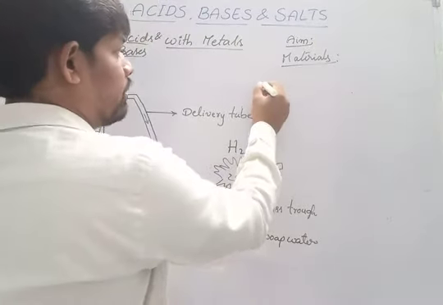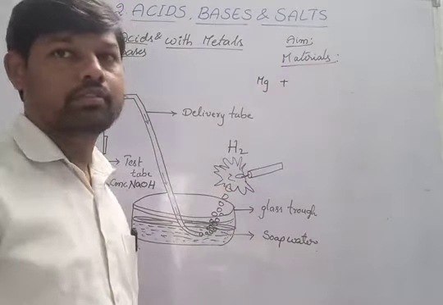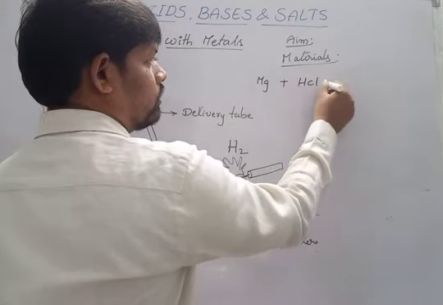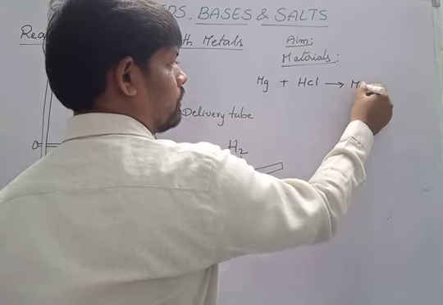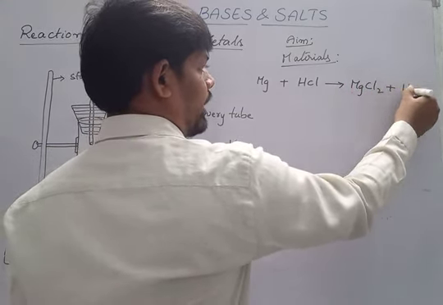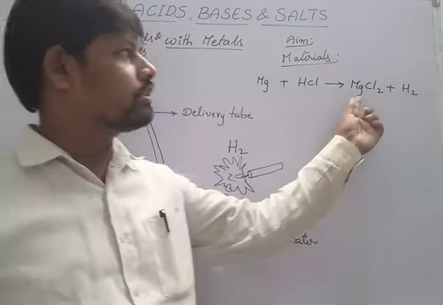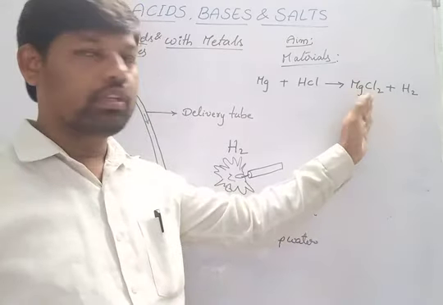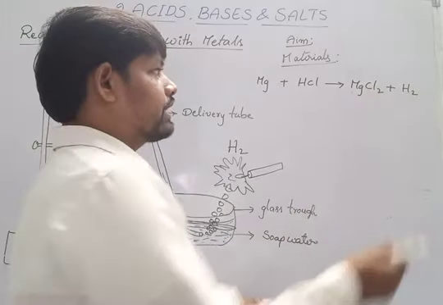For example, magnesium is a metal, and you can take HCl acid. So the salt you will get is MgCl2, plus hydrogen, H2, which is common. First we write like this: what are the products produced? MgCl2 is the salt, and H2 is a gas, hydrogen.